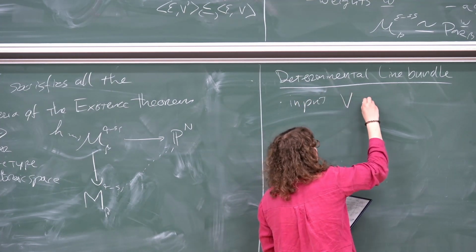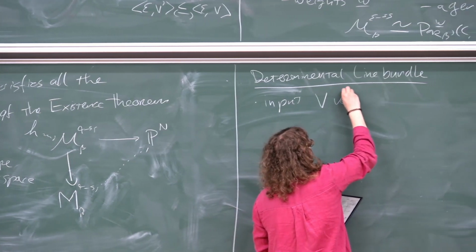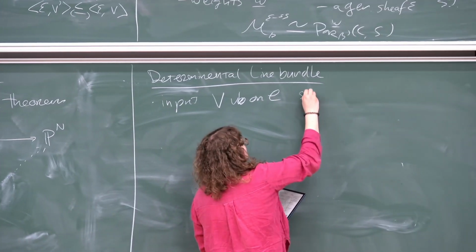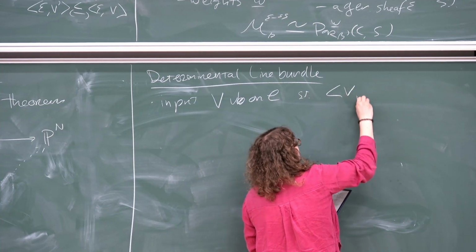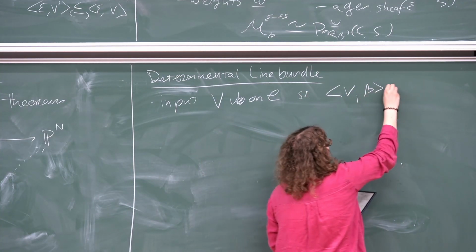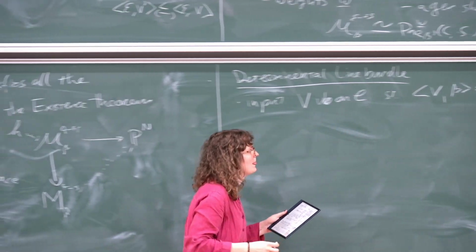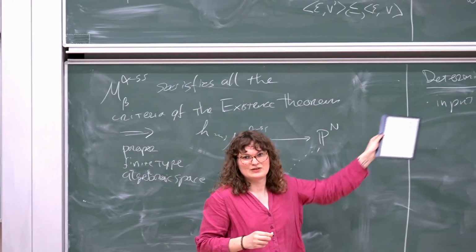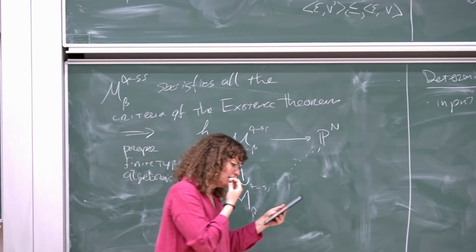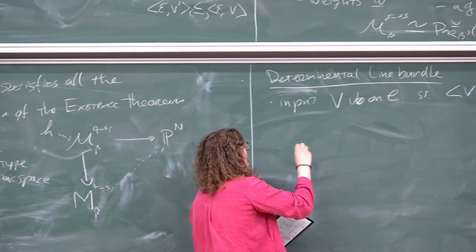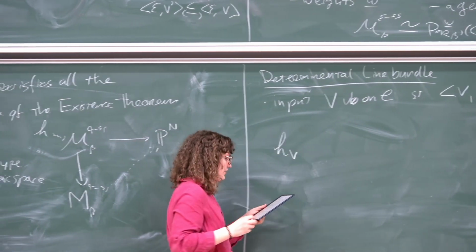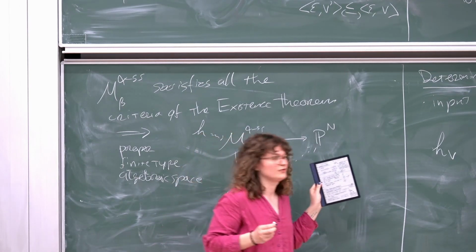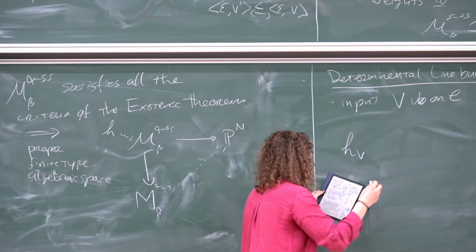I take some V, which is a vector bundle on the stacky curve, such that V pairing with the data equals 0. You don't strictly have to do that to get a line bundle, but to get sections, you should probably want to do this. Then I have L_V. I'll not write down the line bundle, I'll write down all of the fibers for you, and then we'll just hope that they glue.